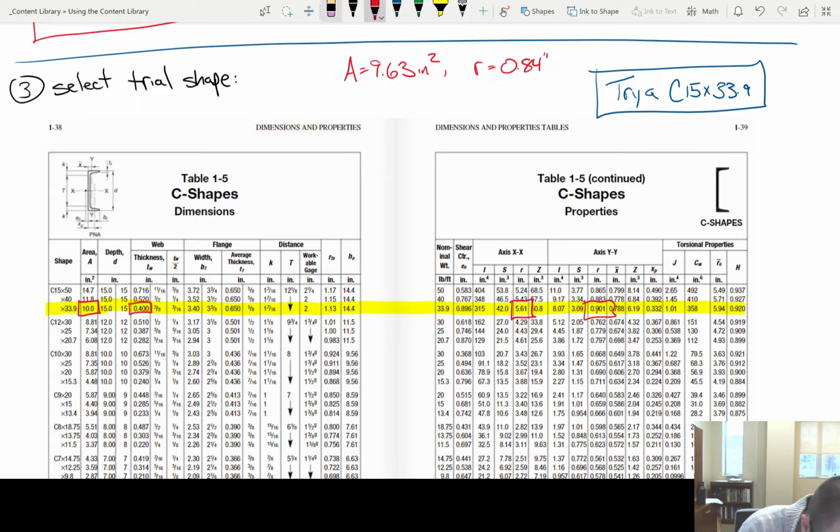And so let me see if I can do a little bit of a better job here. So I'm going to need that and that. So 0.901 inches, 0.788 inches, etc. For the sake of doing my slenderness check, I'm not going to use r_x because I know that r_x is not going to govern.